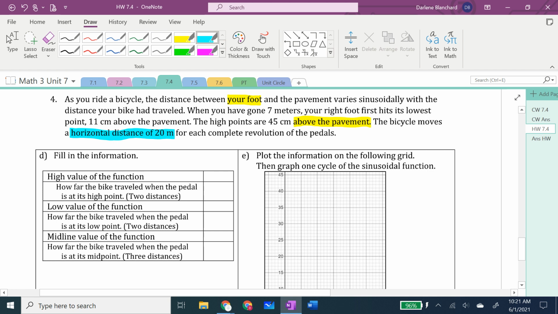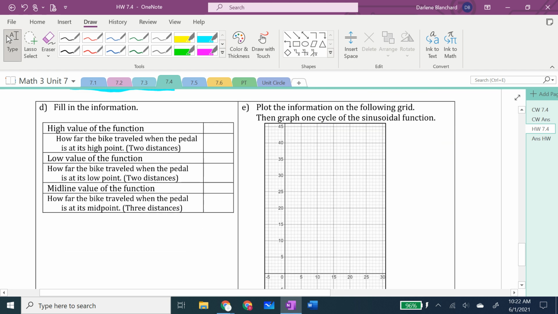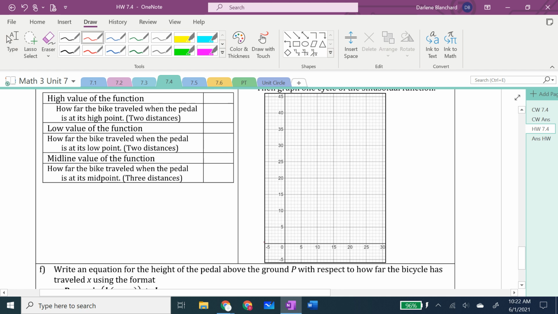Now, if you think about a bicycle moving along, what moves first? Your foot moves first. And that creates a distance above the pavement. Understand that that is what the input axis is referring to.